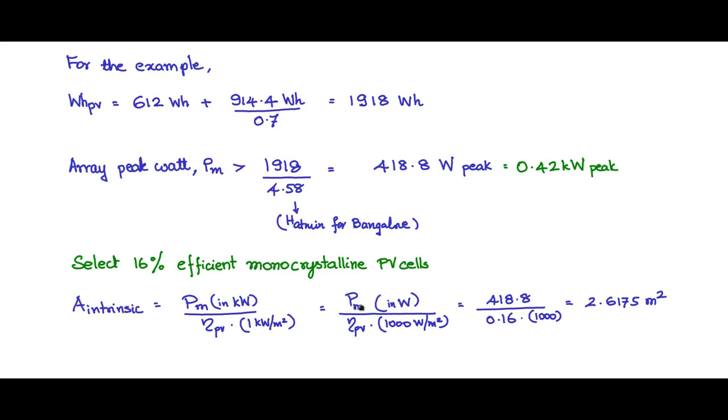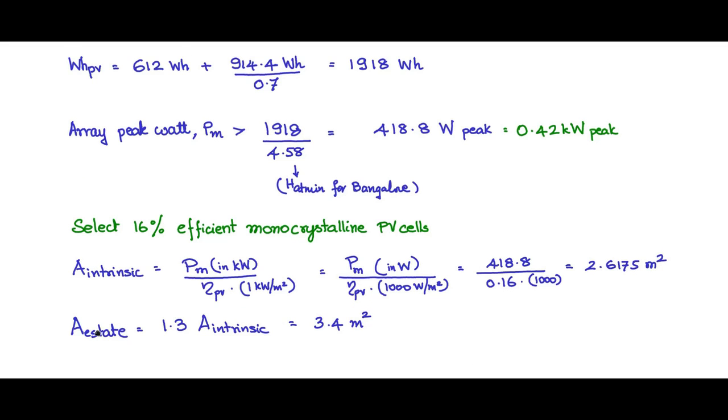But if PM you take it in watts, then the input insolation you should take it as 1000 watt per meter square. So accordingly use the units. So if you are using 418.8 watt peak as the peak watt divided by efficiency 0.16 into 1000 watt per meter square, you will end up with 2.6175 meter square as the intrinsic array area.